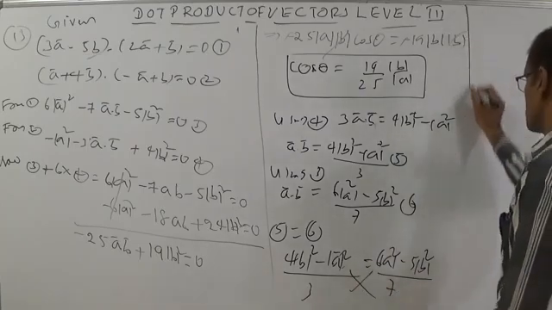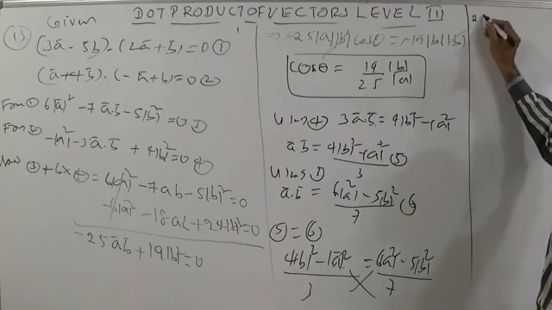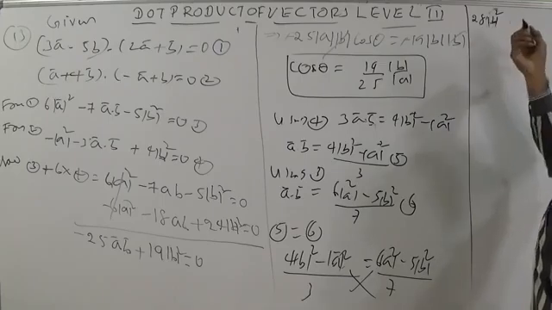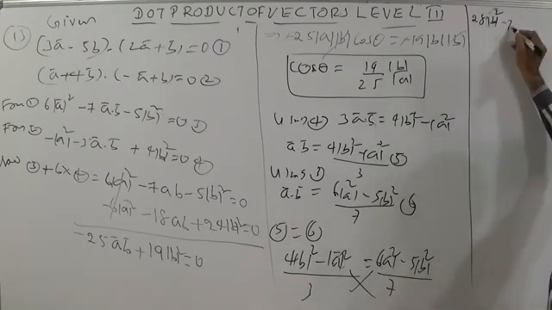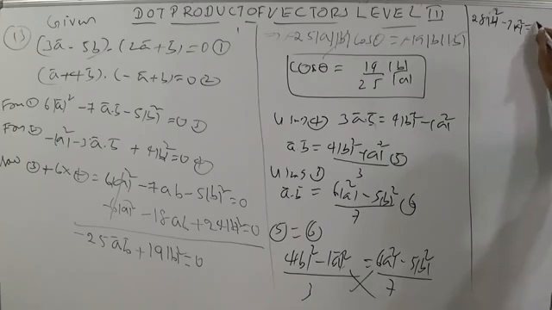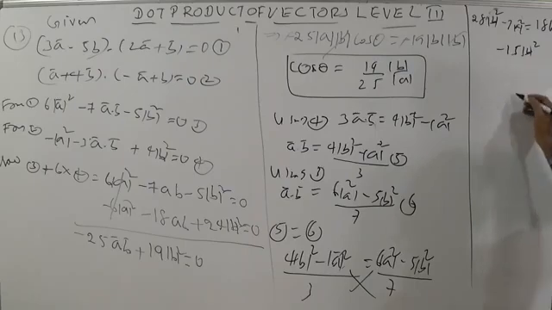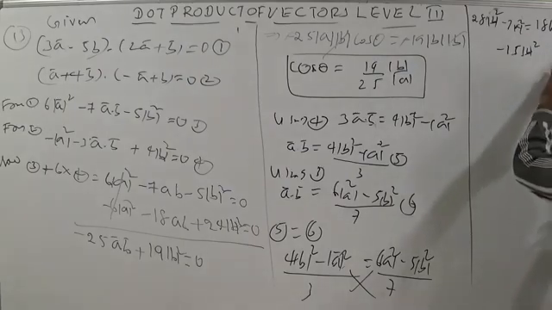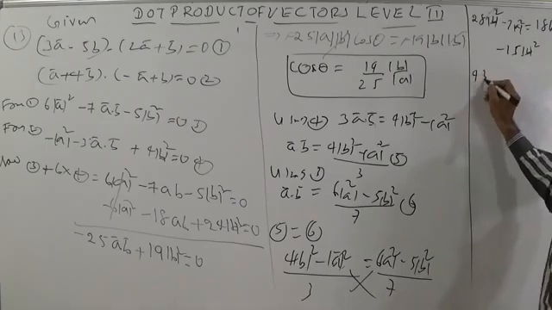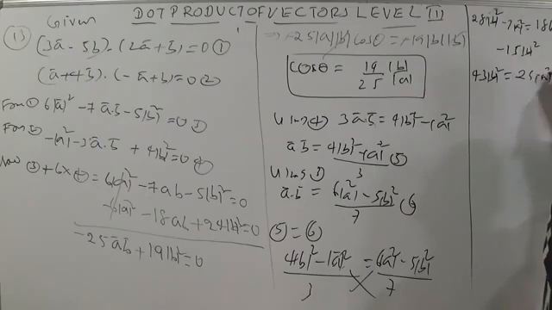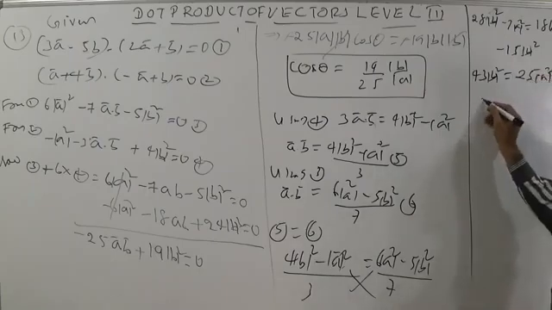Taking cross multiplication, we get 7 fours are 28|b|² − 7|a|² is equal to 3 sixes are 18|a|² − 3 fives are 15|b|². So 7|a|² taken to this side and 15|b|² taken to this side, it becomes 43|b|² is equal to 25|a|².